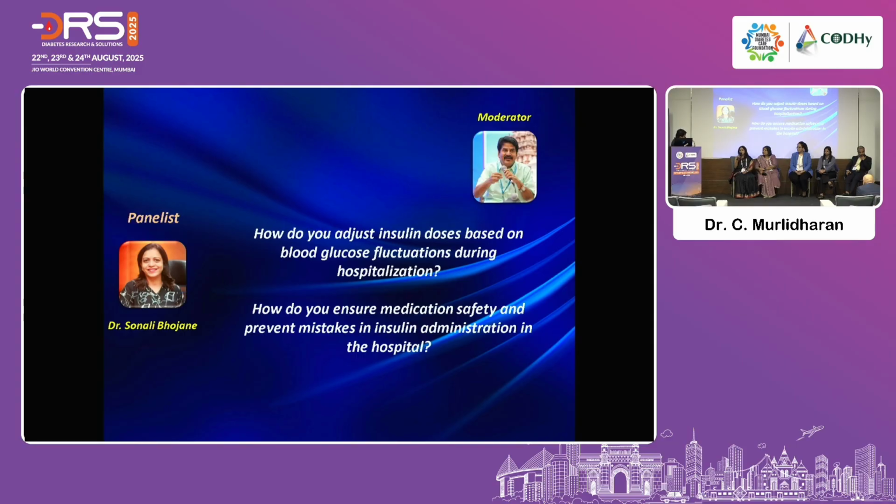To prevent the insulin medication related mistakes, we have lot of things to do in the hospital setup, right from picking up the insulin. Sometimes it is the short acting which is picked up against the long acting.